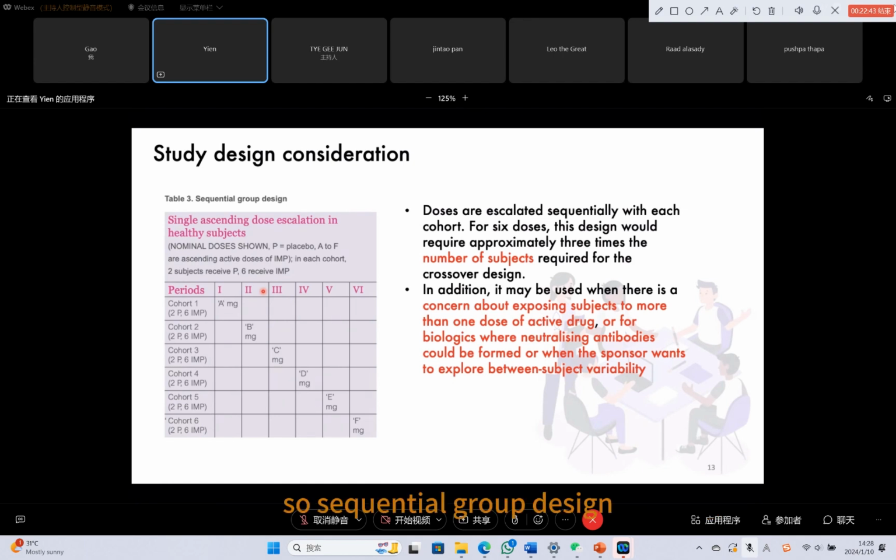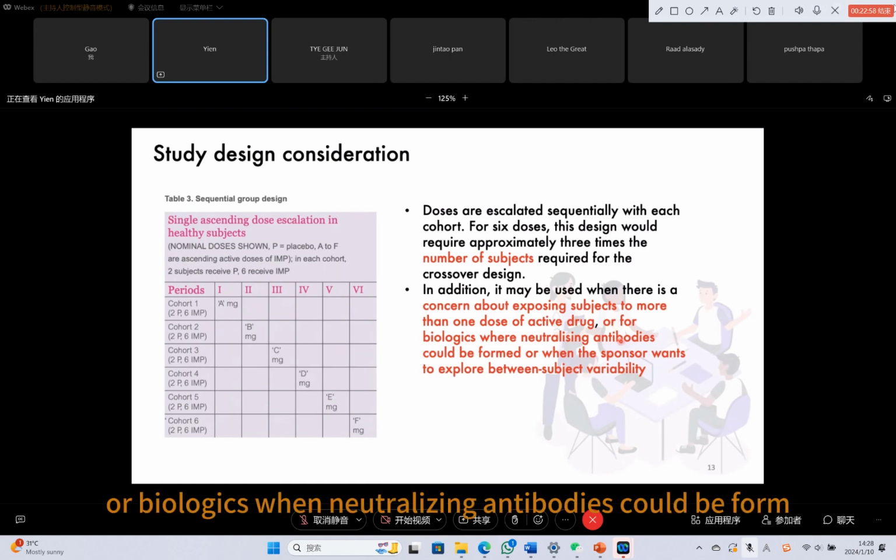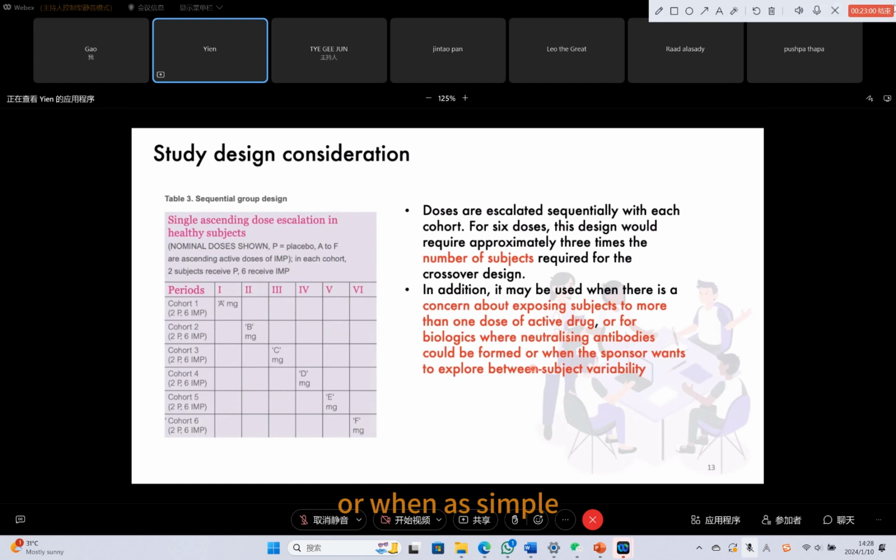Sequential group design usually uses single ascending dose escalation in healthy subjects. This kind of study design is usually used when there is a concern to expose subjects to more than one dose of active drug, or biologics when neutralizing antibodies could be formed, or as simple as when the sponsor just wants more subjects to look at the subject variability.